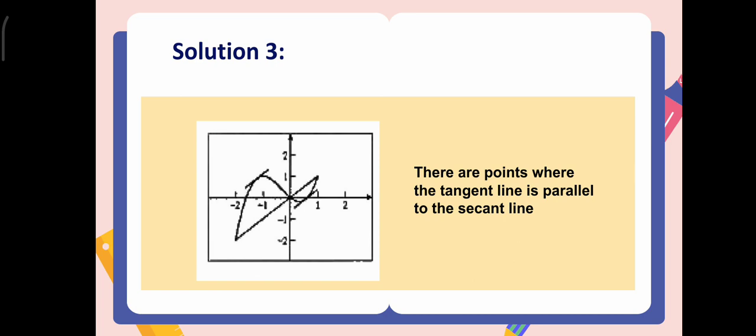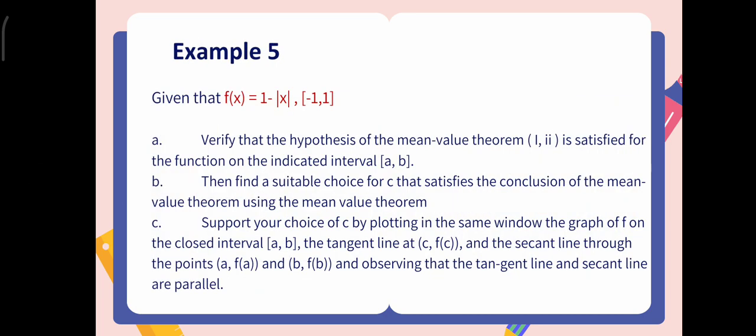So let us have another example. Example number 5. Let us have the function f(x) = 1 - the absolute value of x on the closed interval [-1, 1].